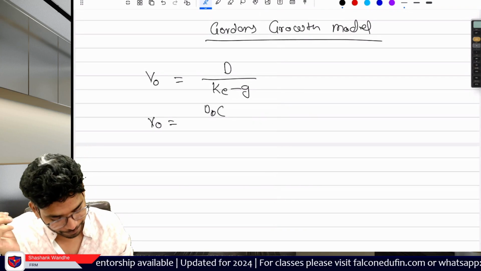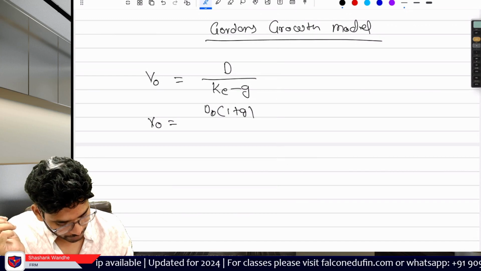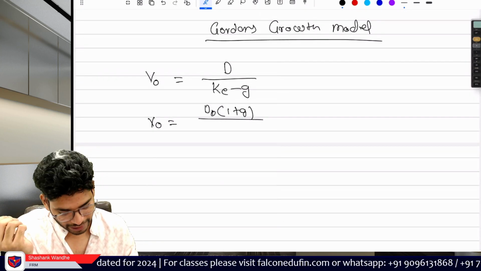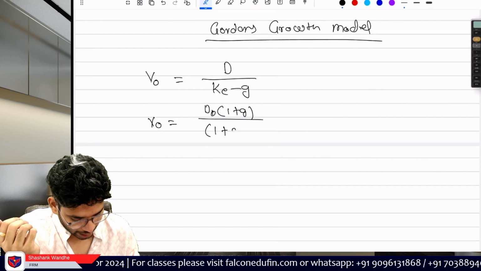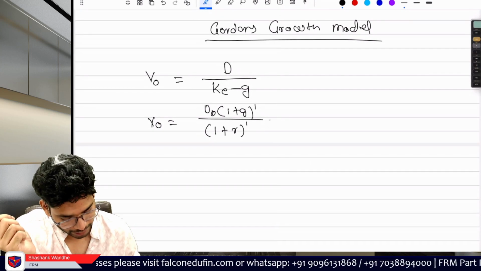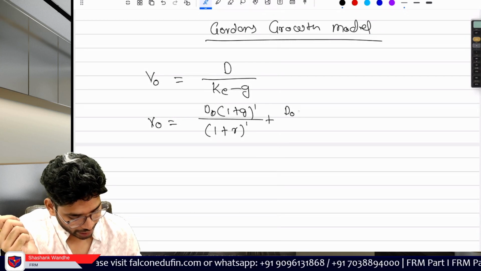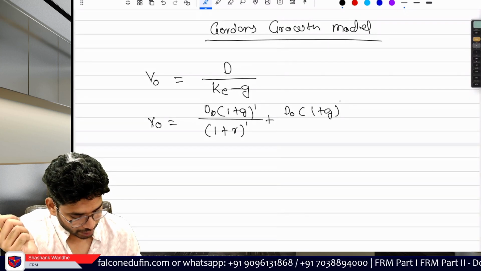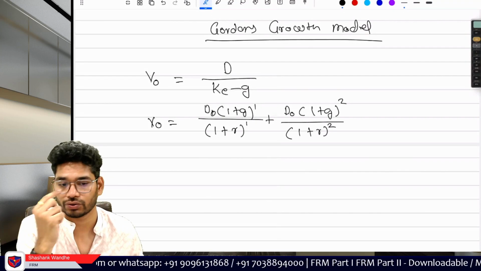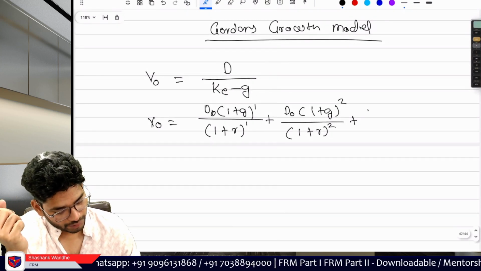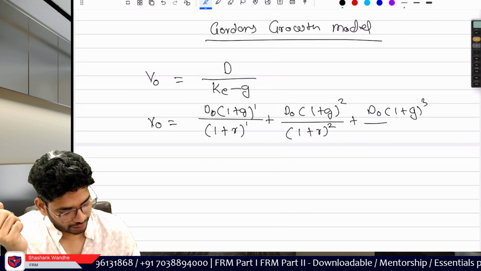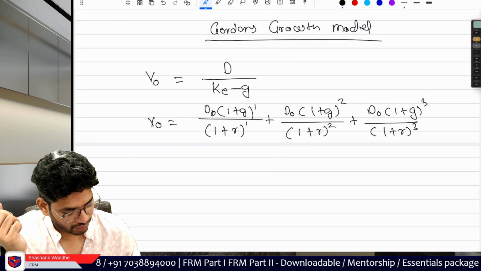So this goes like this: D0 multiplied by 1 plus G, divided by 1 plus R to the power 1, since this is for the first period. Plus D0 into 1 plus G to the power 2, divided by 1 plus R to the power 2. Then D0 times 1 plus G to the power 3, divided by 1 plus R to the power 3, and so on.